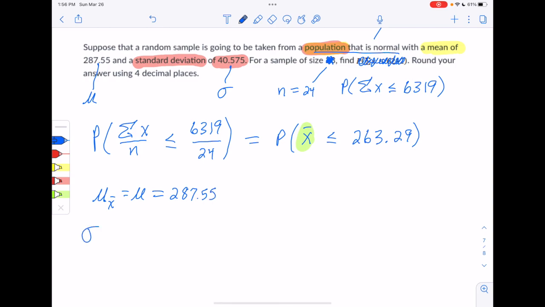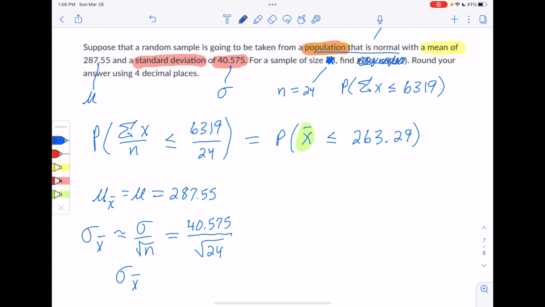And sigma x bar, we can get that by using the formula sigma over root n. Sigma is the population standard deviation, that's the 40.575. And divide that by the square root of n, which in this case is 24. And then we need to know the value of that.